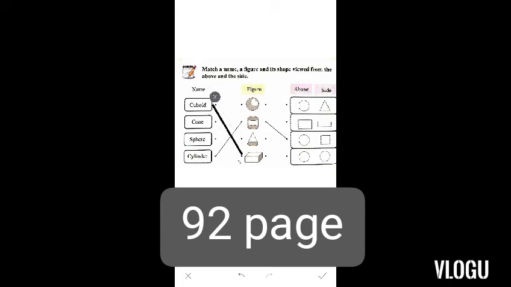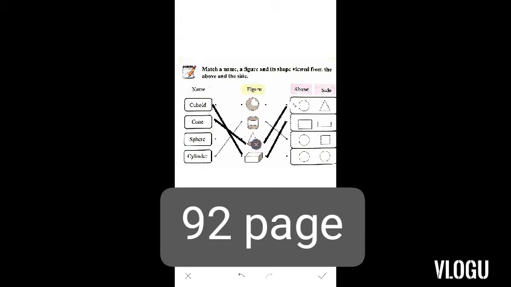Here is the figure and the cuboid viewed from above and side. Quadrangle. Cone. The cone's figure viewed from above and side.